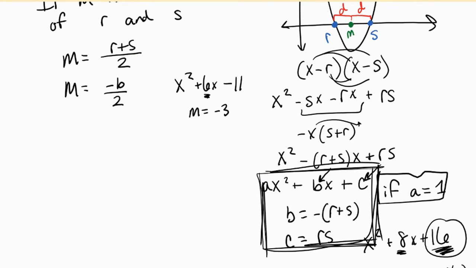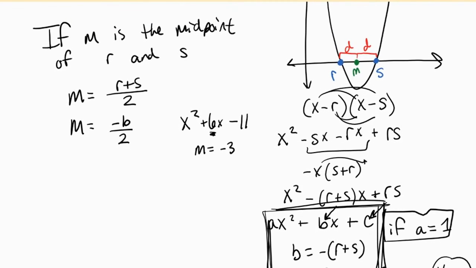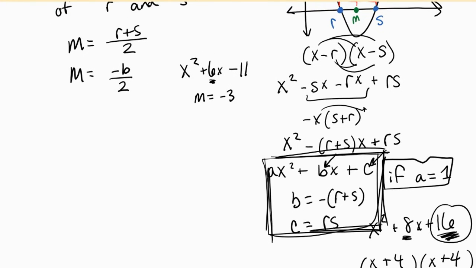Now, knowing the midpoint, all I need to know in order to find the roots is the distance that each root is, which is the same distance, just plus one way and minus the other way. So in order to find that distance, we're going to start from a couple other things that we already know.